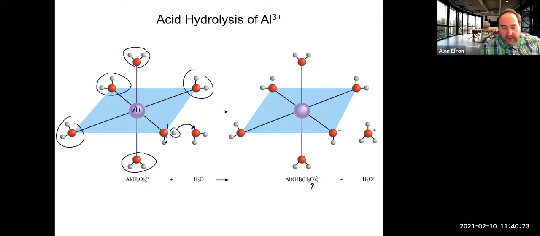And when this breaks apart, you're left with an OH left over there. But more importantly, what you do see produced is that H3O plus. Because we produce that H3O plus, we would definitely expect this solution to be acidic. Any questions on any of that stuff we talked about last time?